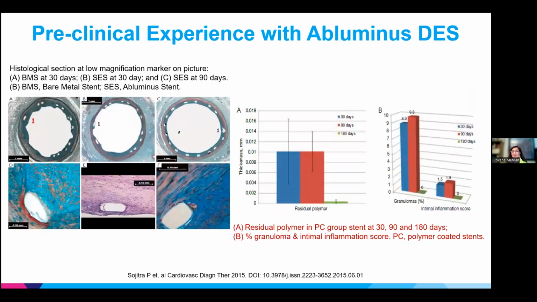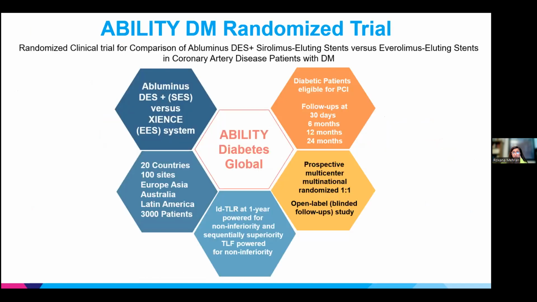The preclinical experience has been fantastic. The polymer looks good. There's hardly any inflammatory changes associated with it, and we're seeing really, really good drug delivery and inflammation scores. But always the answer is in a large-scale randomized clinical trial, which we are absolutely performing right now, almost near the tail end of this trial, with about 100 patients to go.